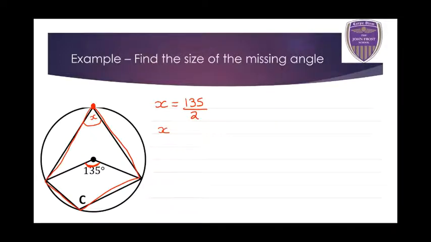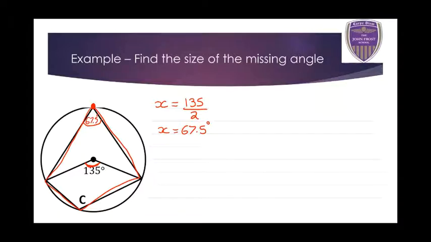So X is equal to 67.5 degrees. That's angle X, okay? So now I know that the angle on the opposite side of the quadrilateral is 67.5 degrees.